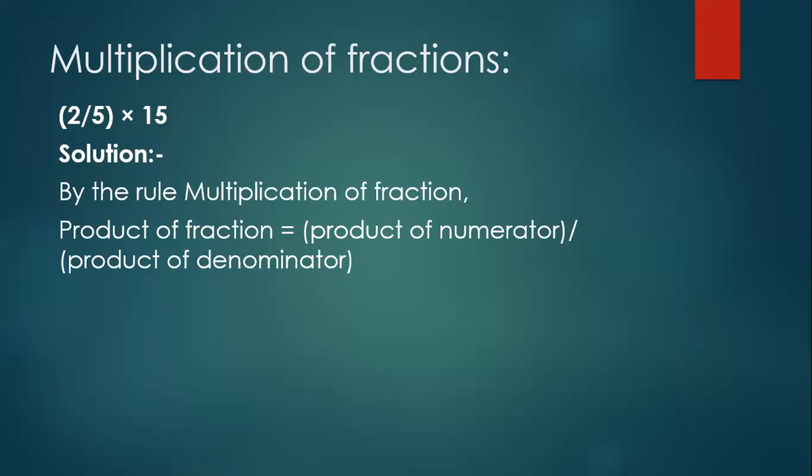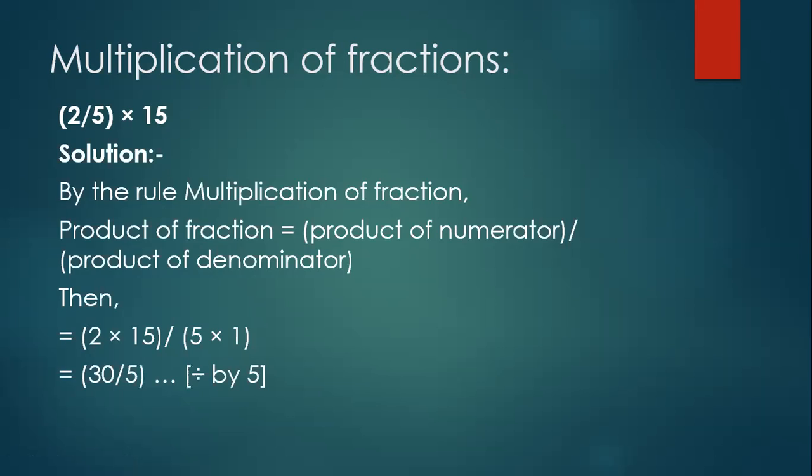So here we will write by the rule of multiplication of fractions: product of fractions is product of numerators divided by product of denominators. Okay. So if we multiply the numerators, it would be 2 multiplied by 15. If we multiply the denominators, it would be 5 multiplied by 1. Why 1? Because there was nothing in the denominator of 15, so it would be 1.